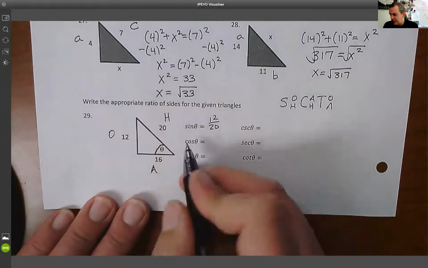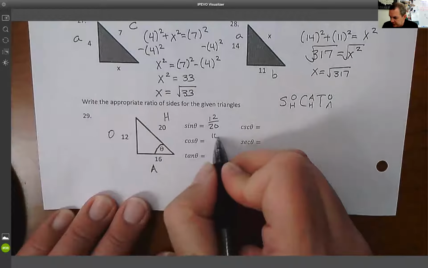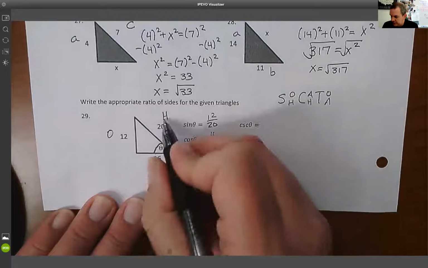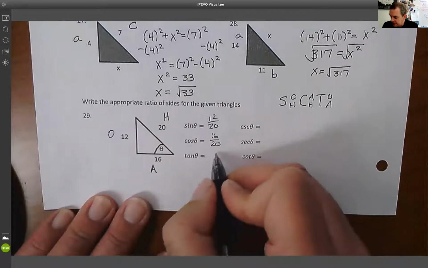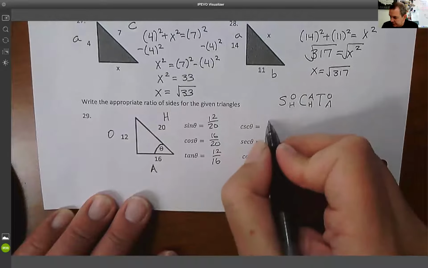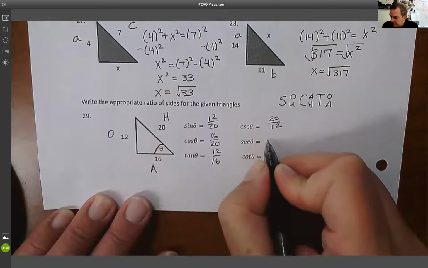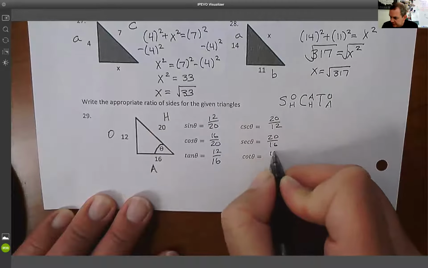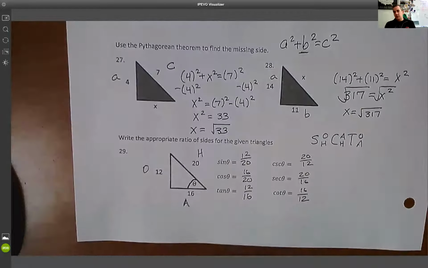Leave it alone. Don't simplify it. Cosine is adjacent over hypotenuse, 16 over 20. Tangent is opposite over adjacent, 12 over 16. And to get the reciprocals, we just flip the fractions: 20 over 12, 20 over 16, 16 over 12. So that's a quick review of that review guide.